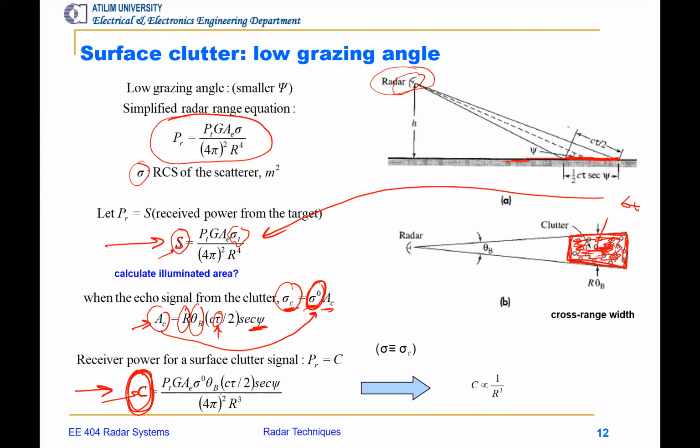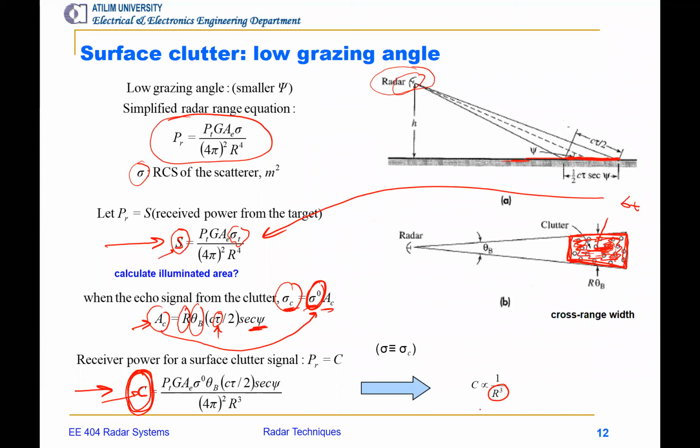So when we inspect this clutter power, we see that it's inversely proportional to the distance cubed.